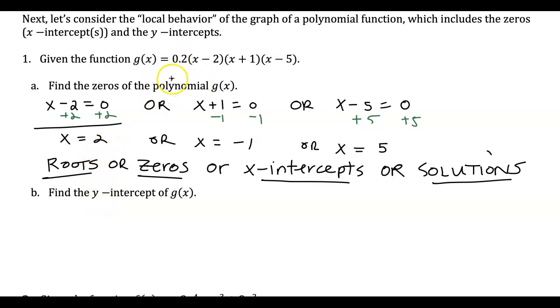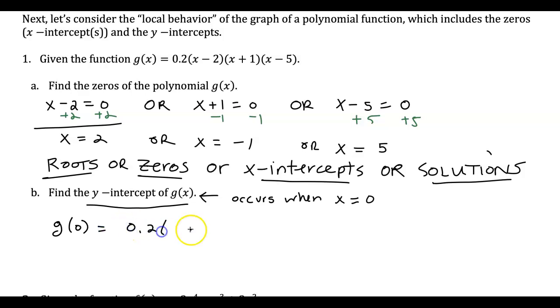Now, how do we find the y-intercept of g of x? Well, where does the y-intercept occur? It occurs when x is 0, right? So what we do is we just set x equal to 0 in this equation. So we'll say g of 0 is equal to 0.2 times 0 minus 2 times 0 plus 1 times 0 minus 5.